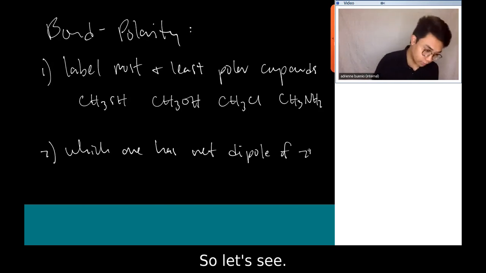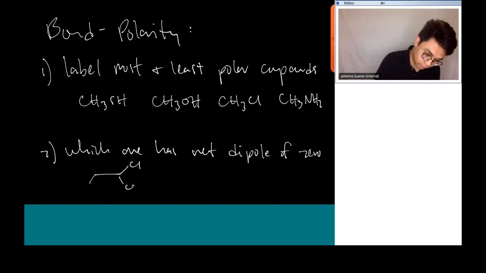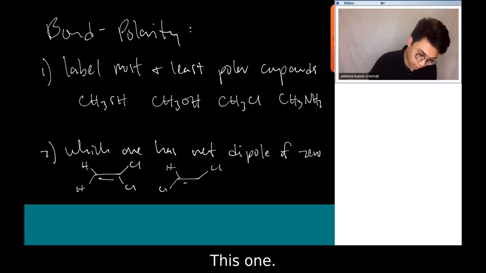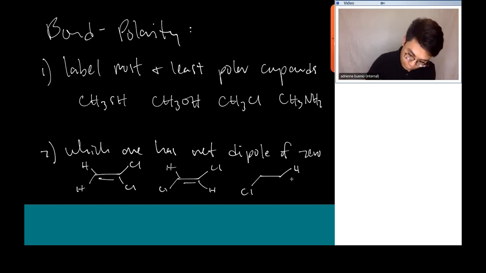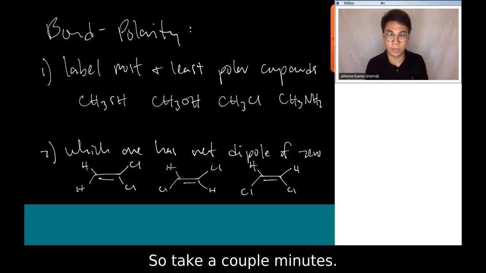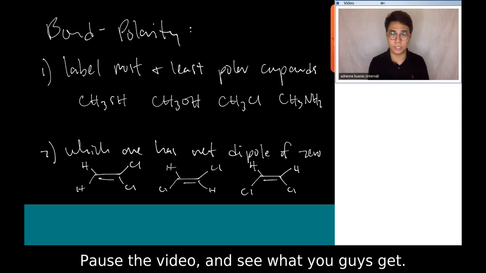Net dipole of 0. So let's see this one. Right. So these are double bonds. This one. Okay. So take a couple minutes, pause the video, and see what you guys get.